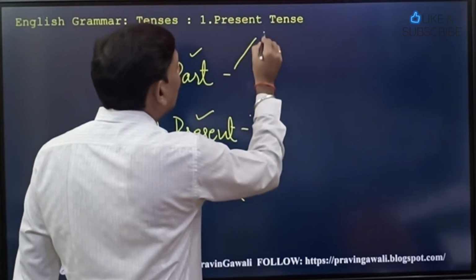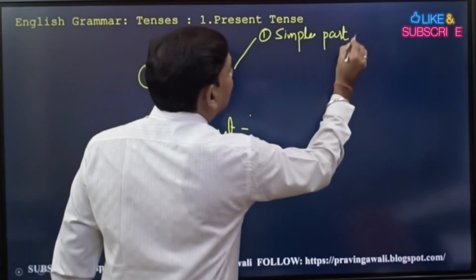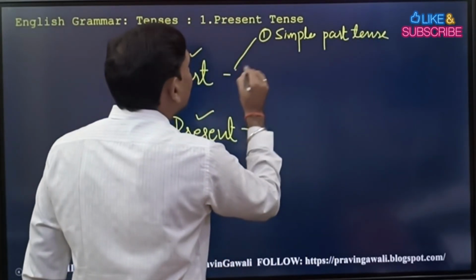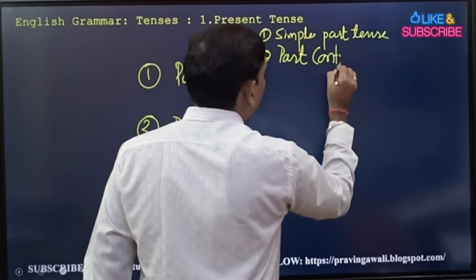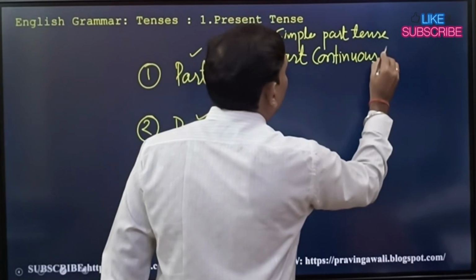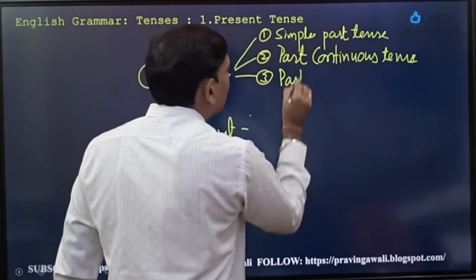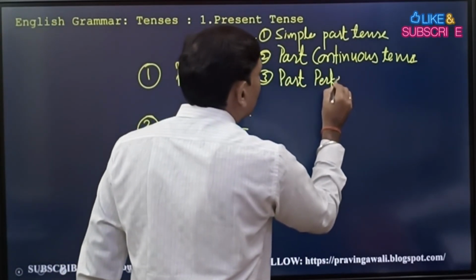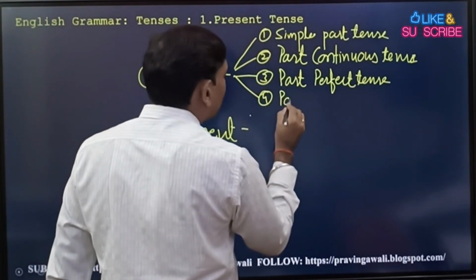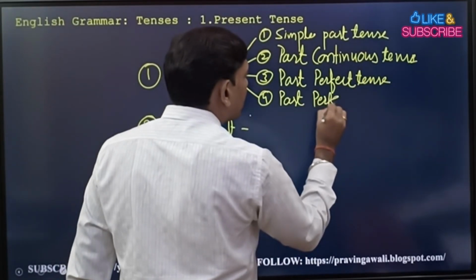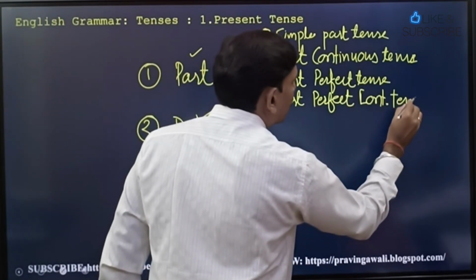For example, simple past tense, the second one, past continuous tense, the third one, past perfect tense, the fourth one, past perfect continuous tense.